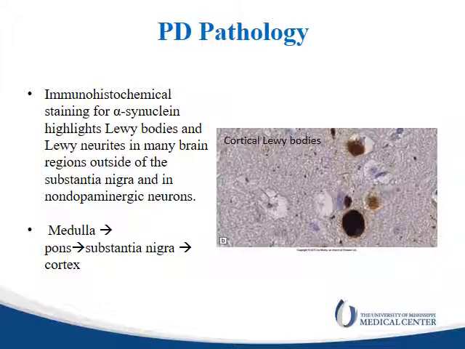Typically, the pathology can start from the medulla and progress to the pons, substantia nigra, and then to the cortex. This shows the cortical Lewy bodies.